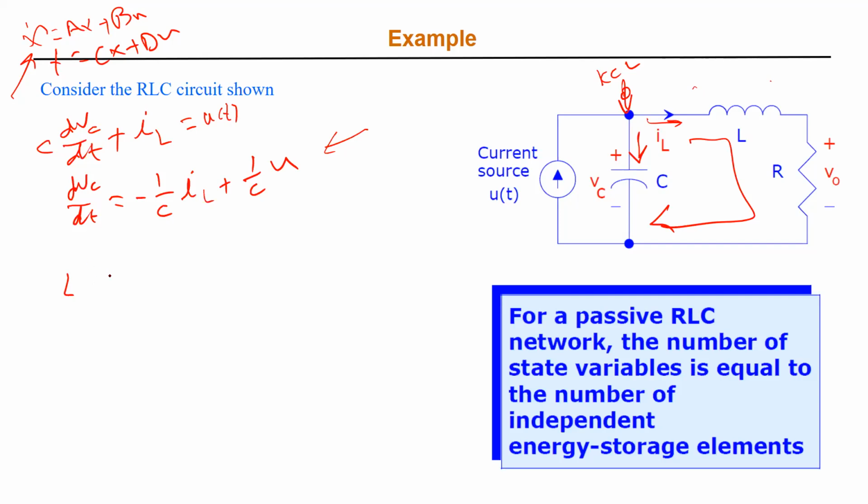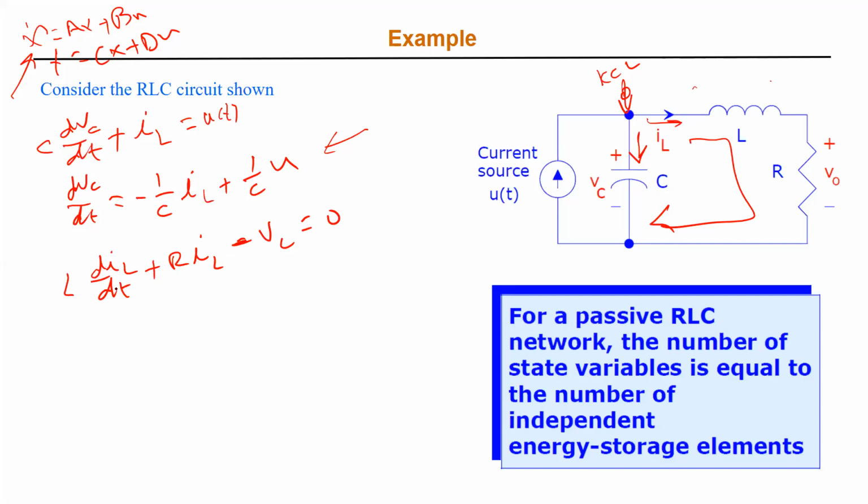It is L diL/dt, plus R IL, minus VC equal to 0. Do you agree? KVL in this loop. Yes, you're right.